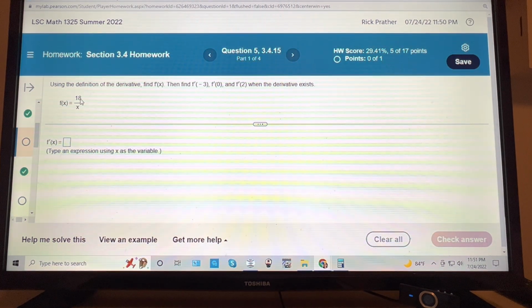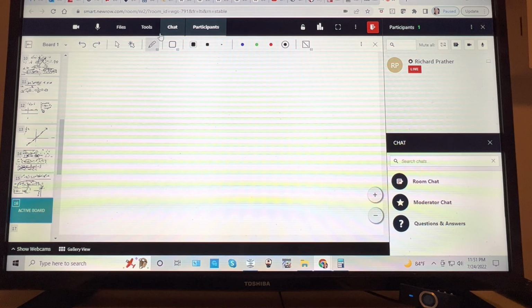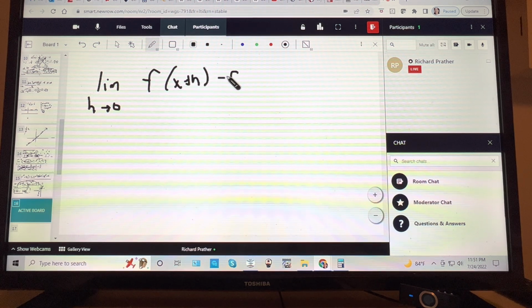So what happens if you get 18 over x? How do you find the derivative of that? Back to number 5. It's a similar process. The algebra is just not as long. So f of x plus h minus f of x all over h. This is literally the definition of a derivative.